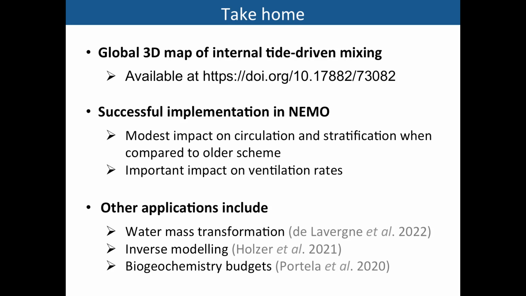And so this is clearly not explicitly represented in the scheme. It's only treated in a very rough, imperfect way. And I know that Friederike is going to talk more about the direction of internal tide generation and these aspects.